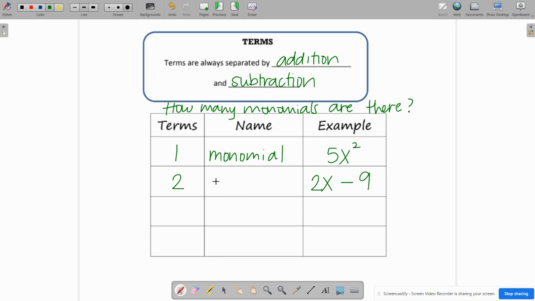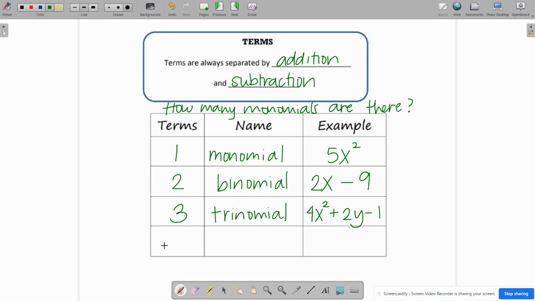So when you have 2 terms, we call this a binomial. You can think of bi like bicycle has 2 wheels. If you have 3 monomials added or subtracted, so maybe you have something like 4x squared plus 2y minus 1. Here's your first monomial, 4x squared. Positive 2y is a monomial, and negative 1 is a monomial. So when you have 3 monomials, that means 3 terms, we consider this a trinomial.